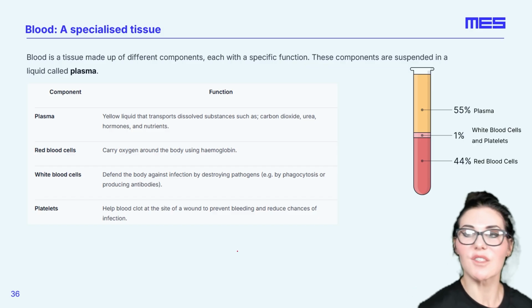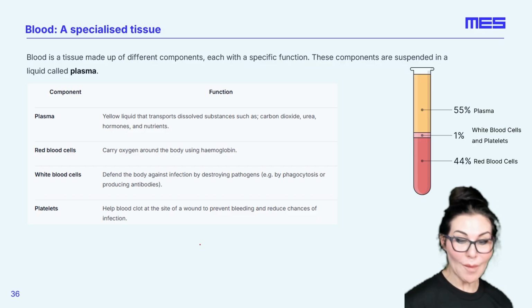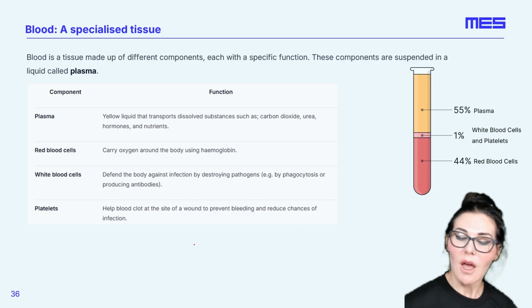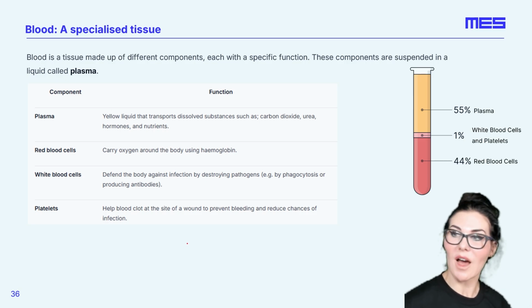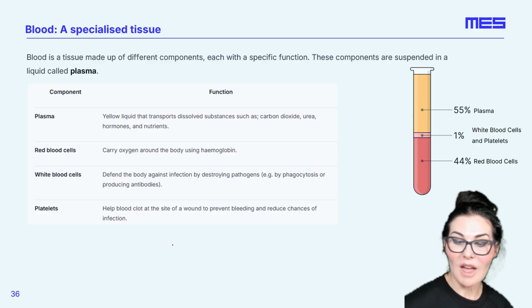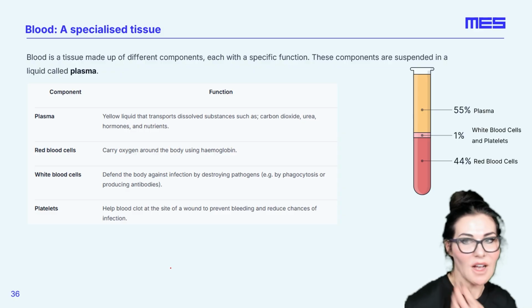Blood plasma is the liquid of the blood. In fact, if you separate it from the cells, it's yellow. And in this liquid are all the dissolved substances that we need transporting around the body. Things like carbon dioxide to get it back to the lungs to breathe it out, urea in order to get it to the kidneys to be excreted. We also have hormones moving from glands to target organs, and nutrients from our small intestine to our cells.